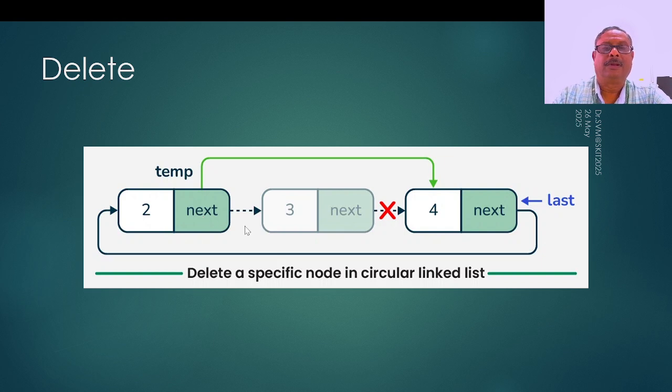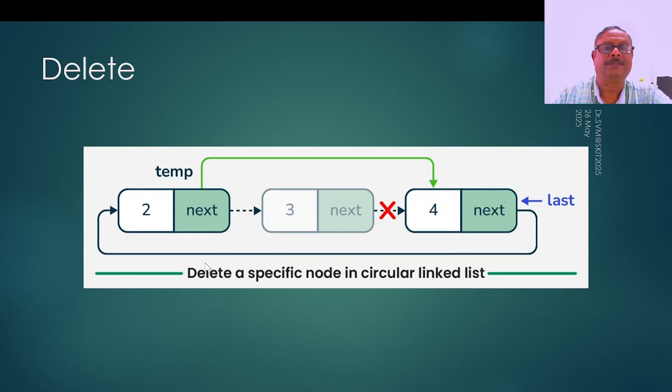So I'm not spending extra time on coding this and repeating all these activities. Only one change we need to do. Whatever we have seen in the singly linked list, the same thing happens here, except one change: the next of the last node will be the first node itself.